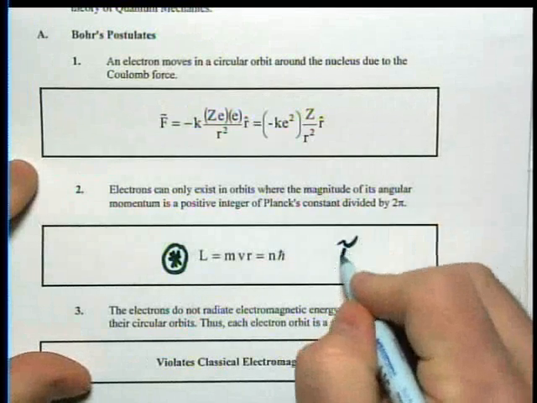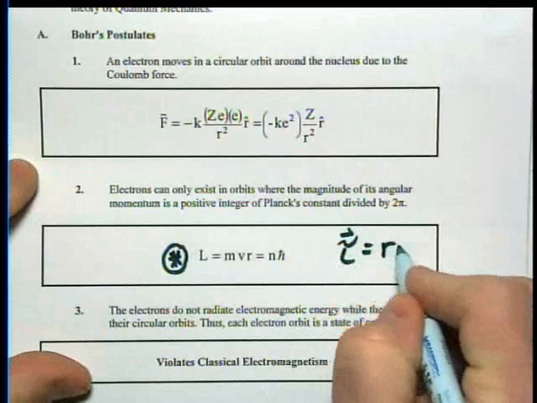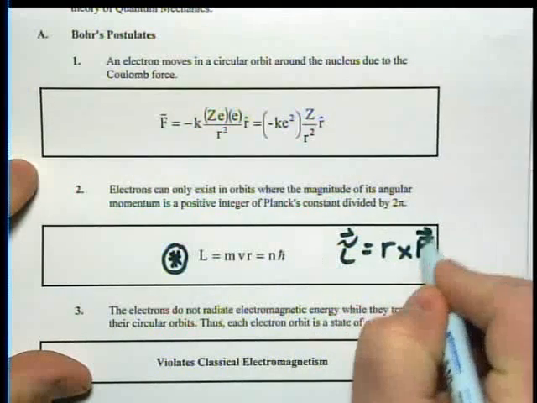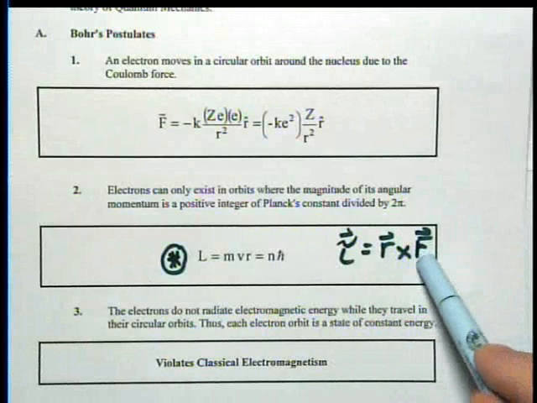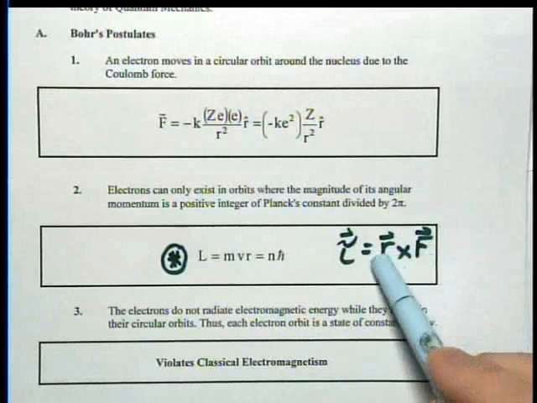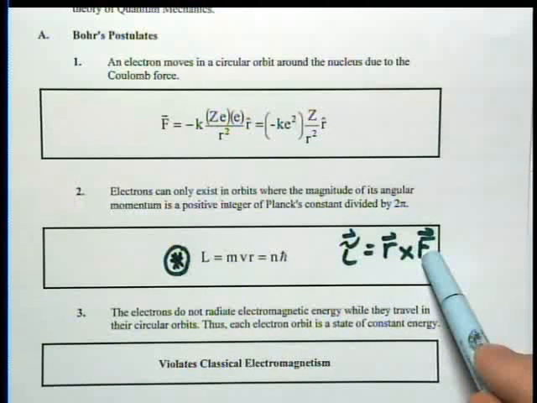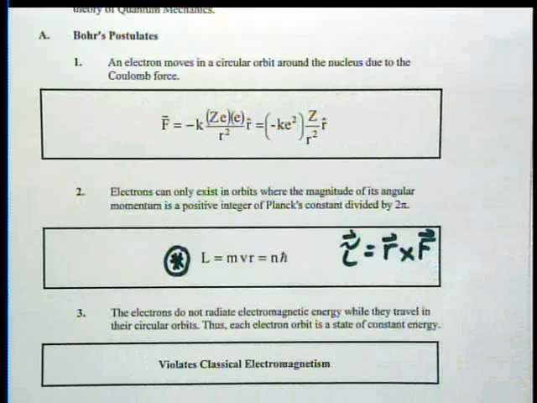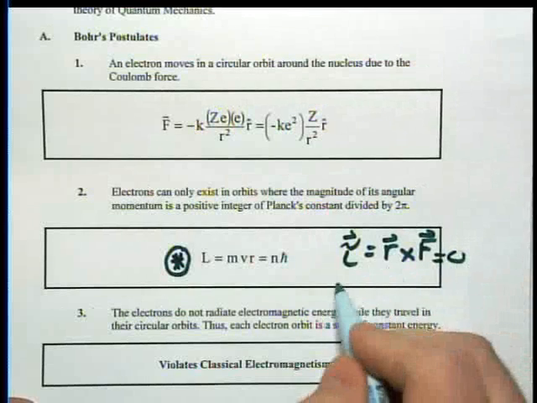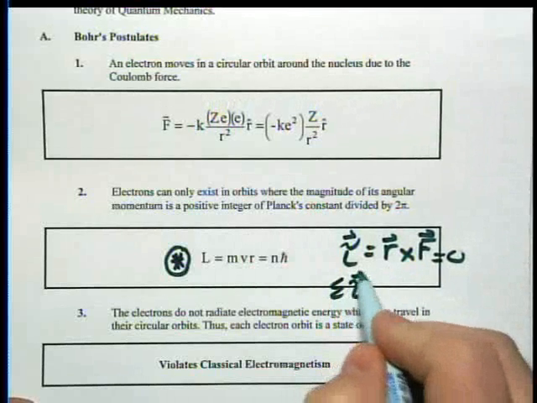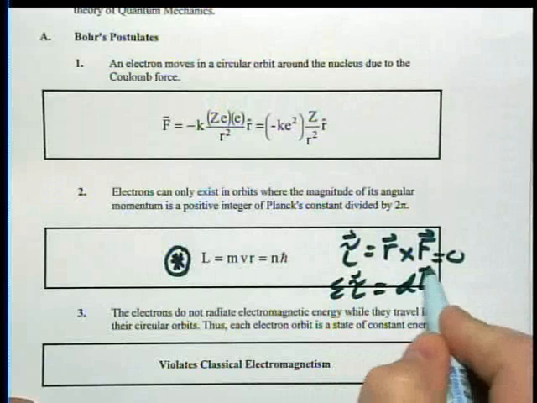I remind you that torque is r cross F. And if F is the central force lying along r, then these two are parallel, and the sine of 0 or the sine of 180 is 0, so there is no torque. I further remind you that the sum of the torques is dL/dt in Physics 1.